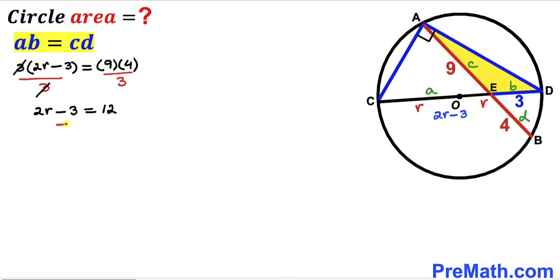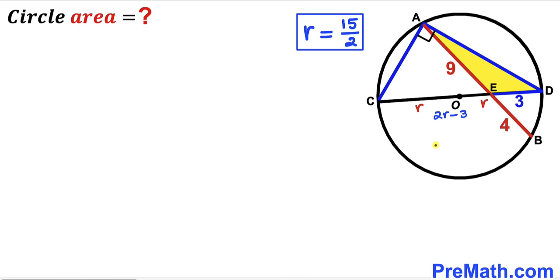And now I am going to add 3 on both sides. And here we can see this negative 3 and 3 is gone. So therefore 2 times r turns out to be 15. Let's divide both sides by 2 to isolate radius r. So therefore our radius lowercase r turns out to be 15 divided by 2 units.